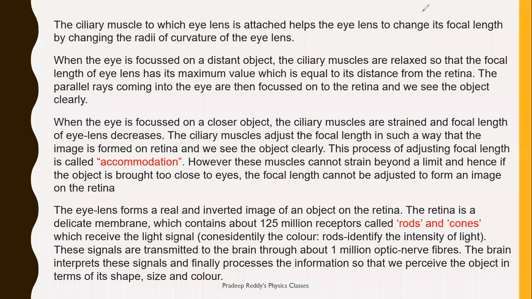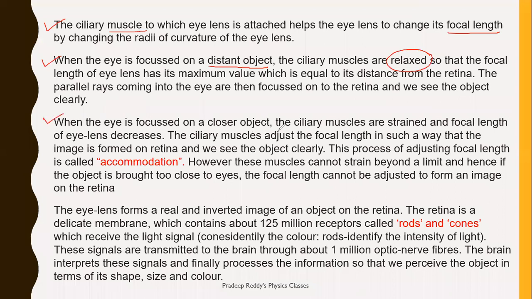Students, we have learned about all these important things. In the first point, we have learned that ciliary muscles play a major role in changing the focal length of the lens. In the next point, we learned that when we are watching an object at a large distance, the ciliary muscles are in the most relaxed state.